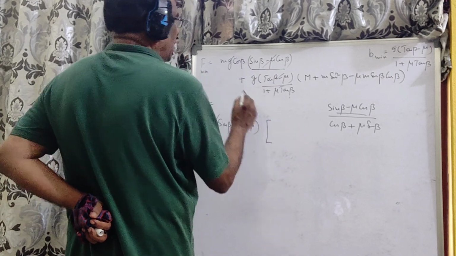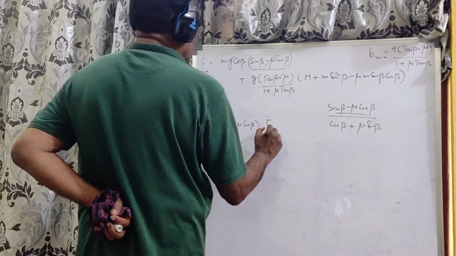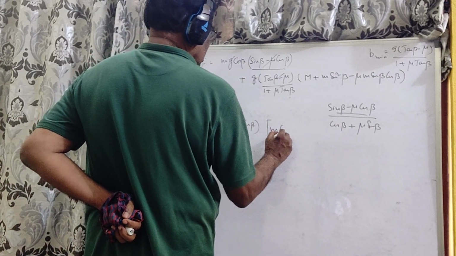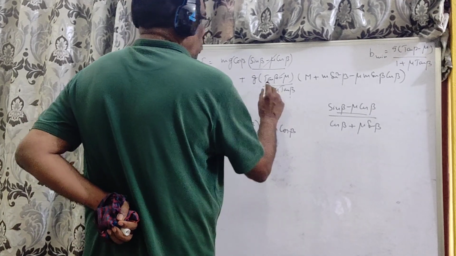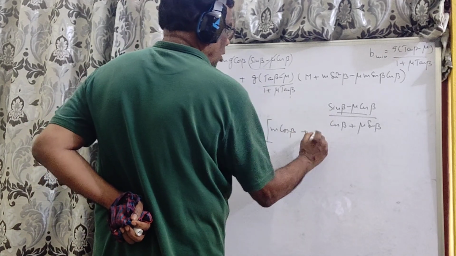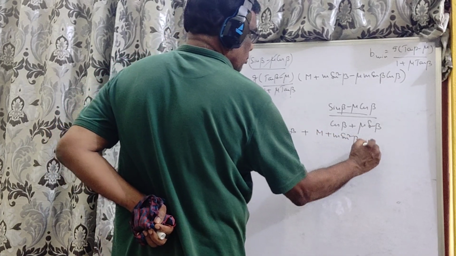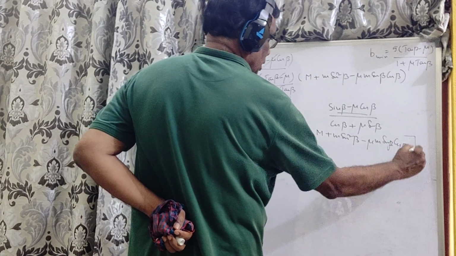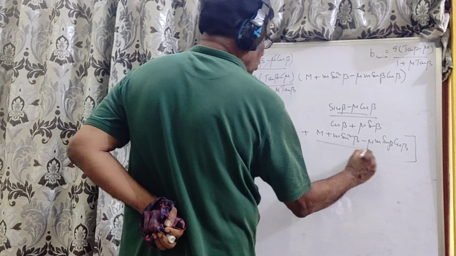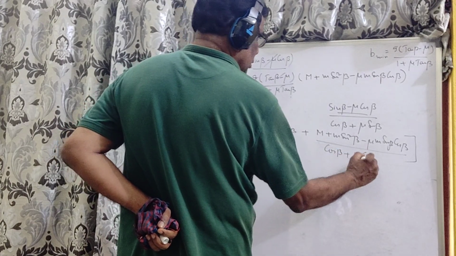So what do you get? We will write here. On this you write m cos beta plus all this, sin beta cos beta whole divided by cos beta plus.